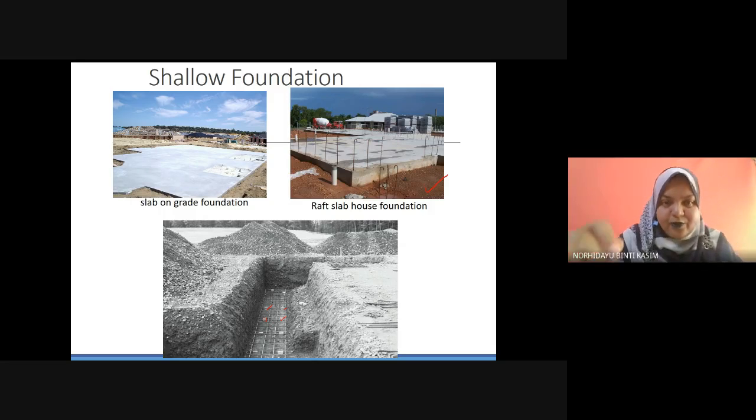That is the spacer. What is the purpose of the spacer? When you design the structure, you need to have a cover, right? So the spacer is to allow the structure to have a cover.